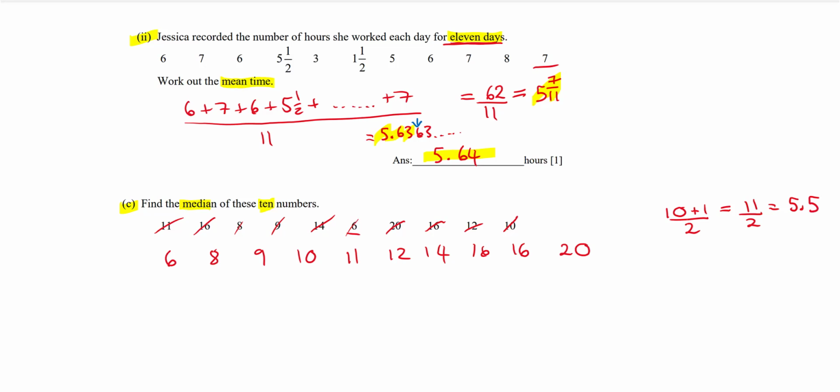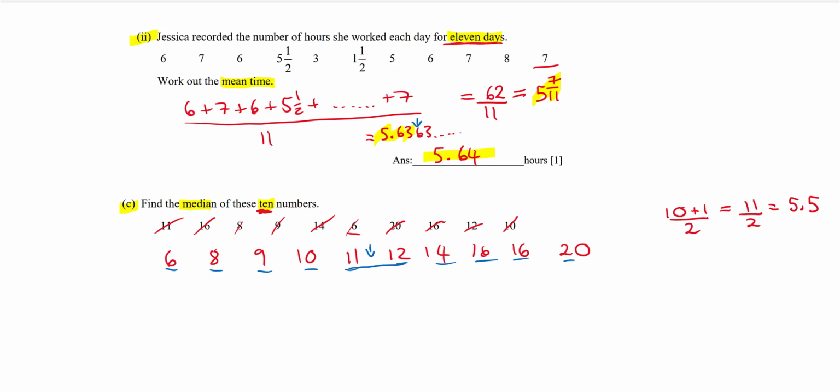So we've got an even number of numbers, 10 numbers here. So the 5.5th number is going to be our middle number. So if we count along, we've got 1, 2, 3, 4, 5, and then 5.5 would actually be in here. And then we have our 6, 7, 8, 9, 10th number.